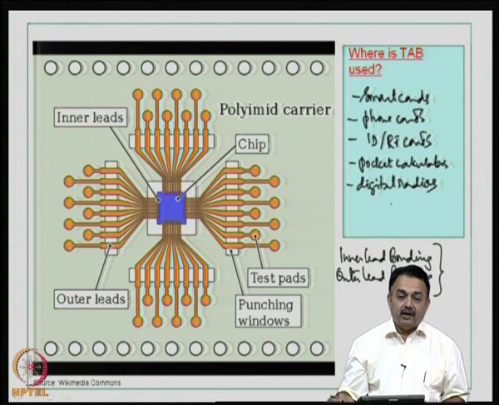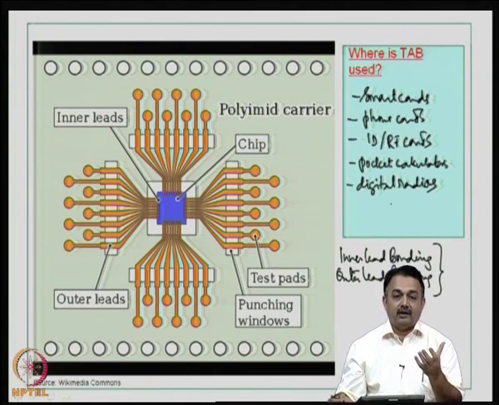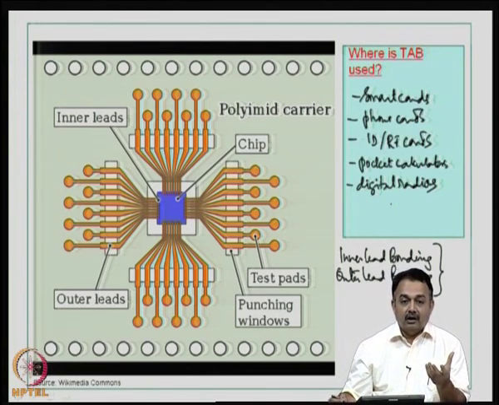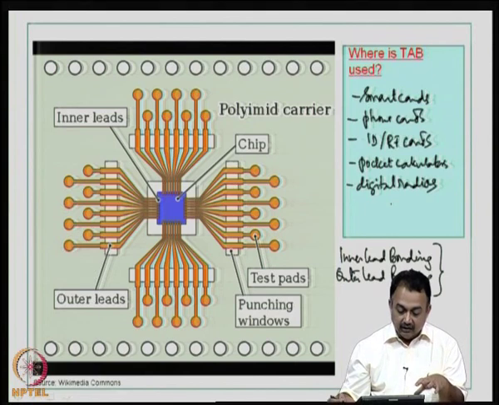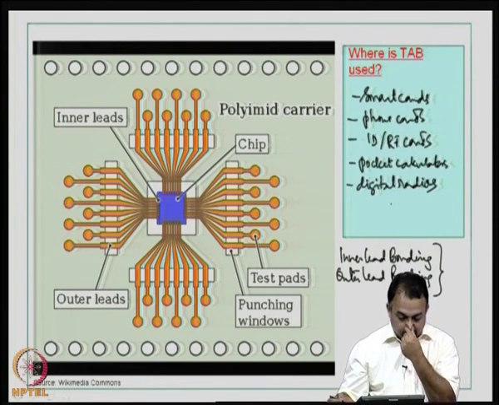So, you can imagine now that TAB is used where the product size is very small and typically you have just one die that is required to be connected to a lead frame structure that will establish connection to the other parts of the circuitry.